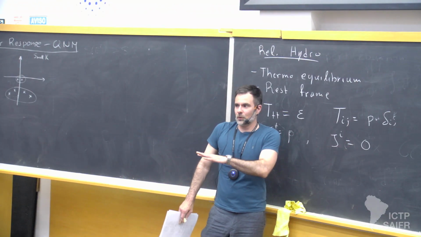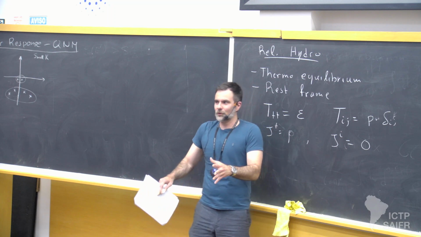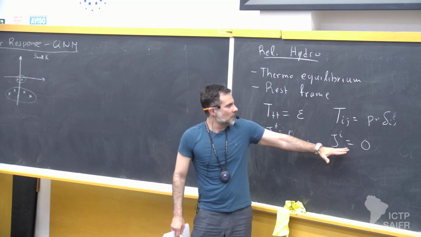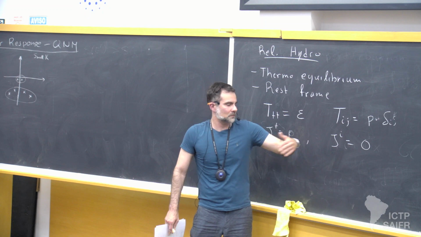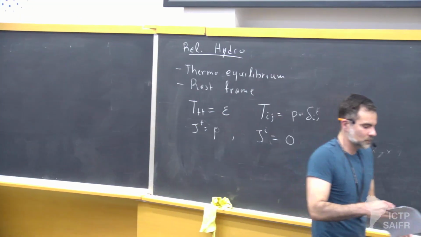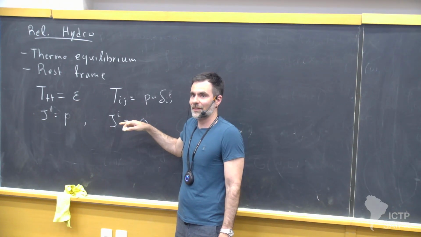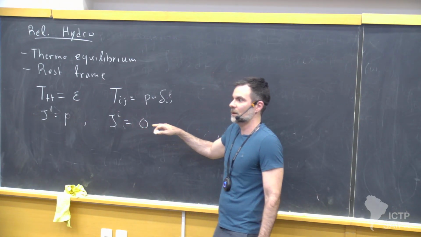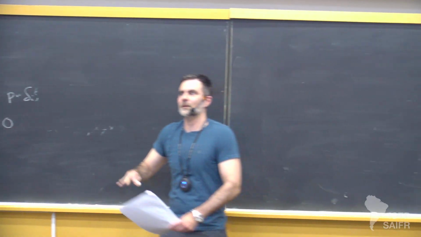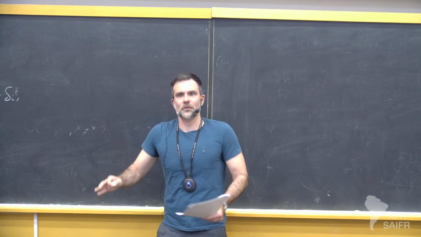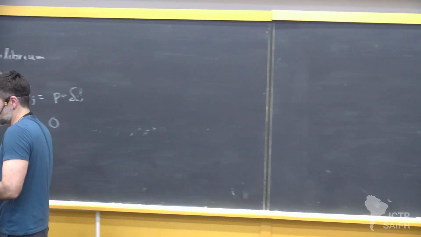But if you don't have a big population of such particles in your system, then you can assume that if you set the momentum equal to 0, you can also set the current equal to 0 at the same time. If you have a superfluid, well, that's the whole point of superfluids, that you can still have what is called a supercurrent.